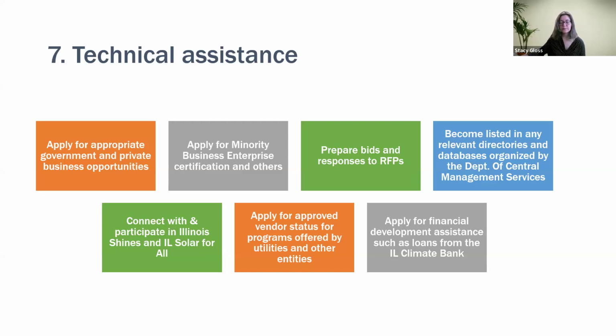They should connect participants with the Illinois Power Authority's Illinois Shines and Solar for All programs. They'll help the applicants apply for approved vendor status for programs offered by utilities, and help participants apply for financial development assistance programs, such as loans from the Illinois Climate Bank.